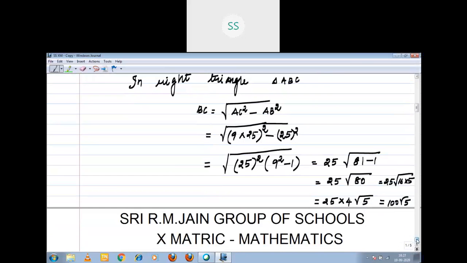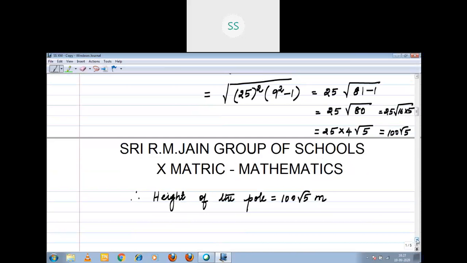Opposite we need, so hypotenuse square minus adjacent square. Then in both the things 25 square is common, so I took it out. Then the rest of the thing I wrote inside the bracket. Then I arrived at 25 root 80. The root 80 I converted in terms of 16 into 5. Then square root of 16 is 4. So 25 into 4 equal to 100. 100 root 5. So height of the pole equal to 100 root 5 meter.